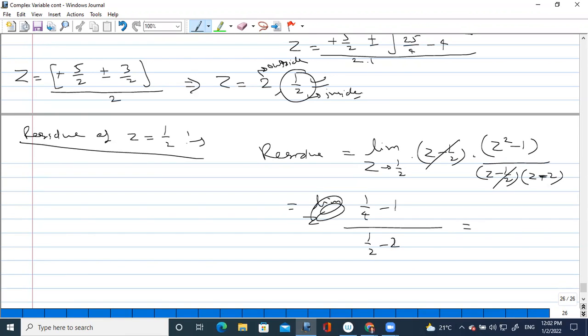So what will be the answer? It will be minus 3 by 4 divided by 4 minus 3 by 2, no? So answer will be 1 by 2. So this is your residue.